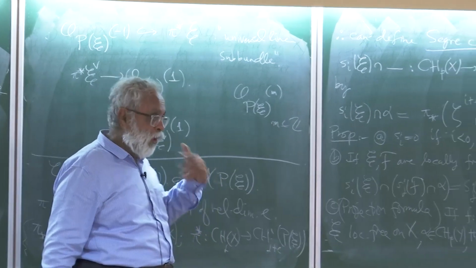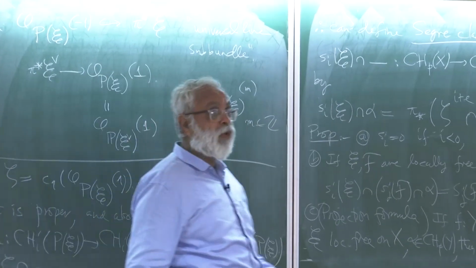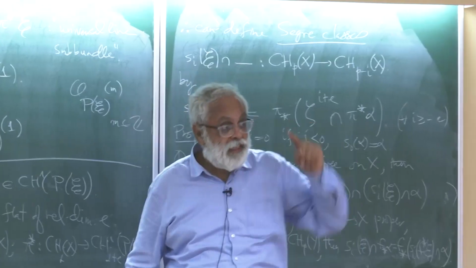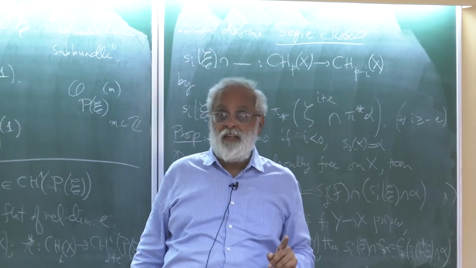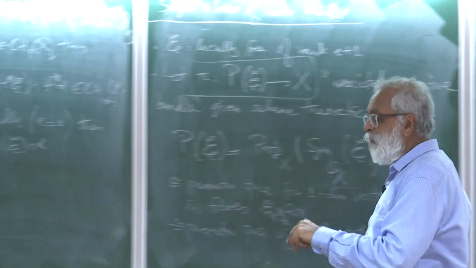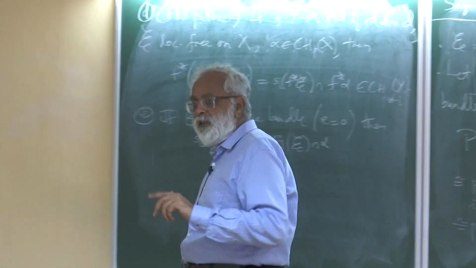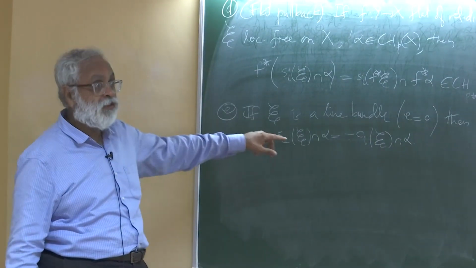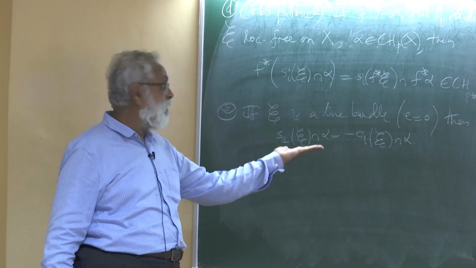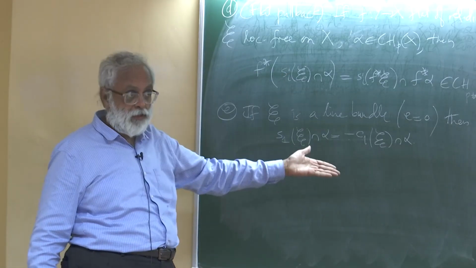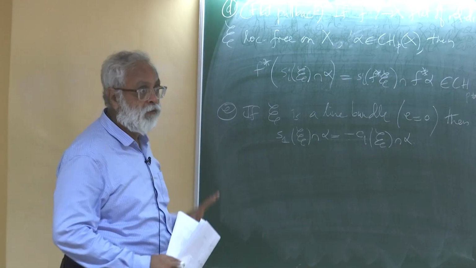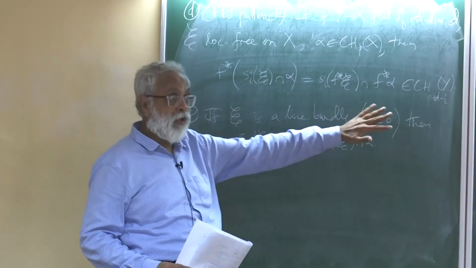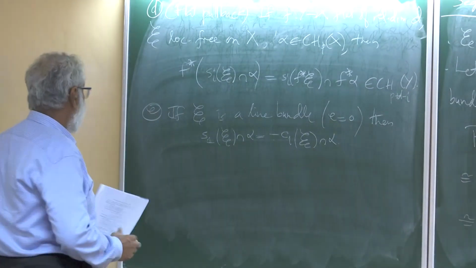So the Proj of the symmetric algebra of E dual is the space itself, and the O(1) is E dual. It's not E. So the point is S_1 is cap product with the Chern class, if you like, of the inverse of the dual line bundle, which is why there is a minus sign. So the convention is such that I'm forced to put minus here, which is good for me in the end. Chern class will have plus everywhere, which is what I want.